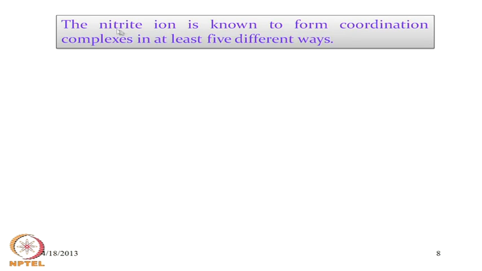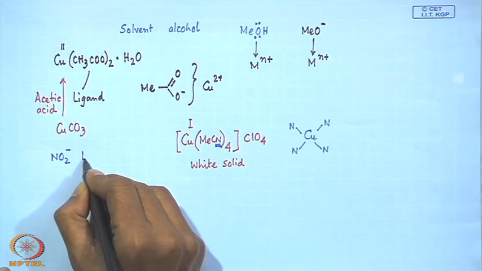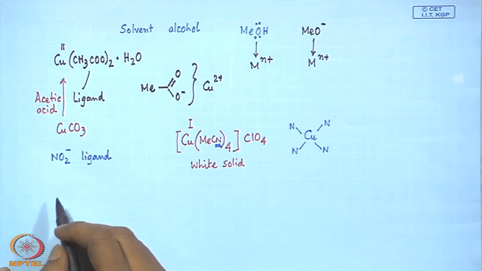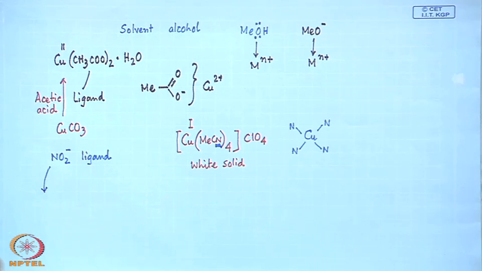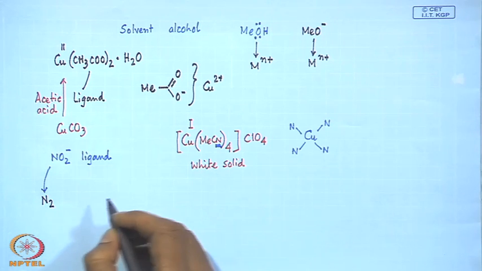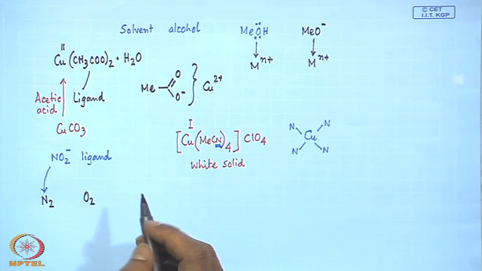So, we will see next the nitrite ion, how the nitrite ion can function as a ligand. NO2 minus can also be a very good ligand. And while talking about nitrite binding, we can also think of other nitrogen bearing compounds like the gaseous dinitrogen as well as the gaseous dioxygen.